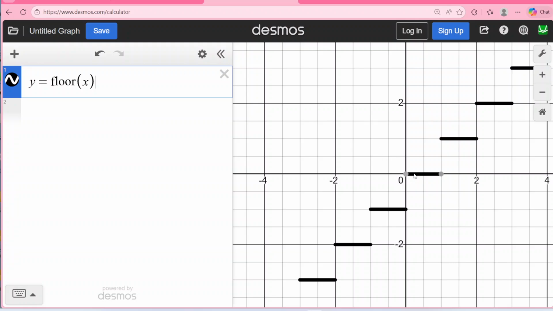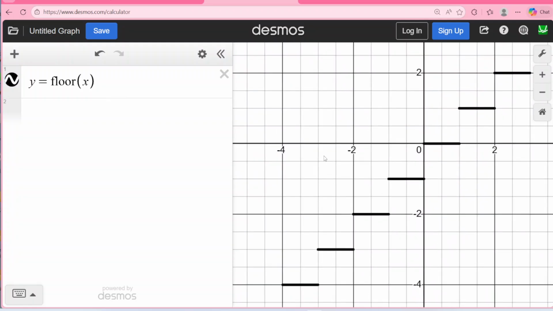So again, see the output. Everything between 0 and 1 would map to 0. And then at 1, 1, 1 is the next point. That should be an empty point, 1, 0. Then 1 would map to 1, and everything between 1 and 2 would map to 1, and then everything between 2 and 3 would have an output of 2, and so on.